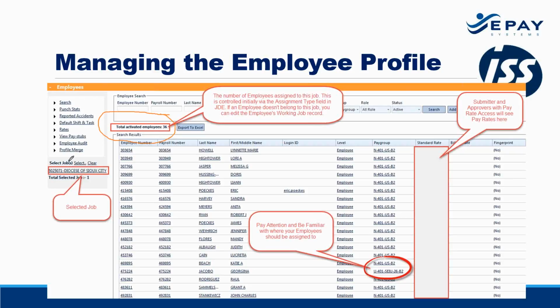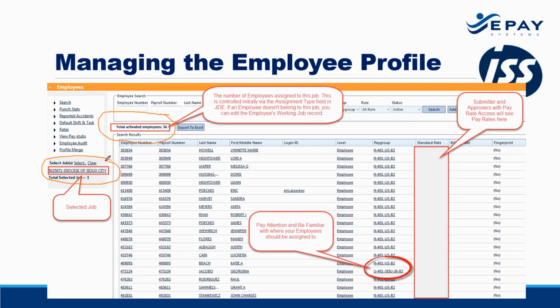So in saying that, 36 employees are currently available for the job you have selected. So it shows you that you have work under that. Or maybe they don't all work there, but they're at least assigned as part of their working jobs to that particular job. All you've done is made it available for that employee to punch in at that particular job.